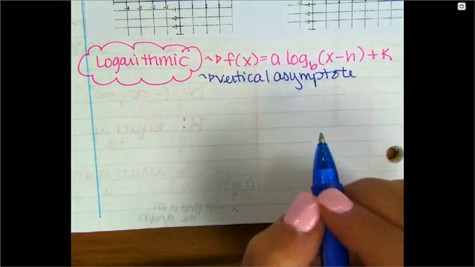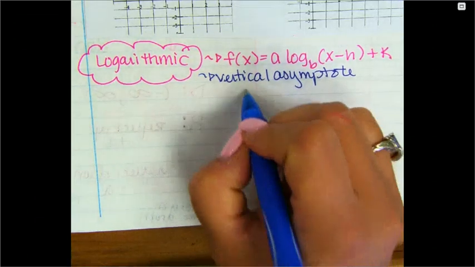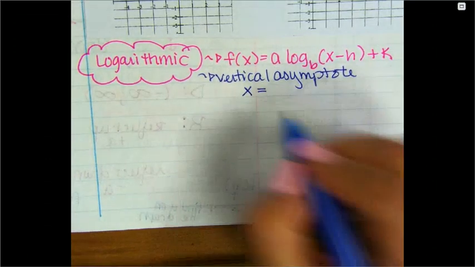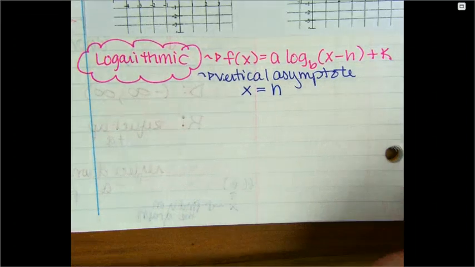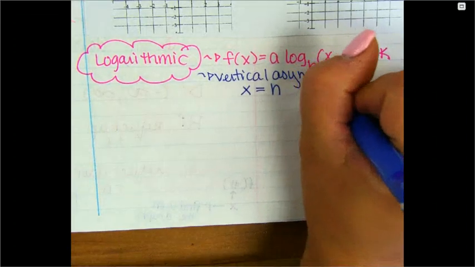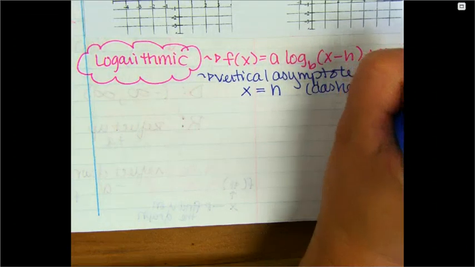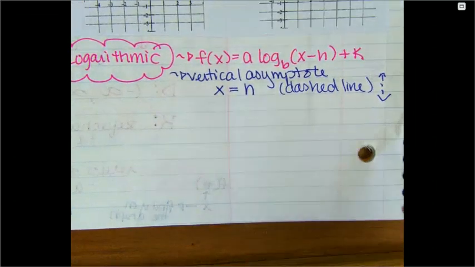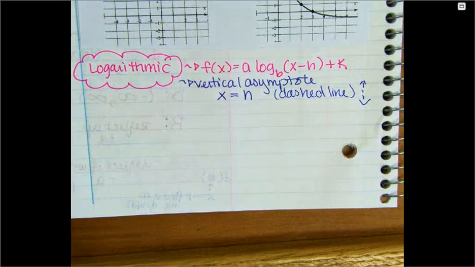If this is y equals, this is going to be x equals. Good. But we're not going to equal k. We're going to equal h. Very good. So it's still a dashed line, but it's vertical. Okay. Oops, can't see that. Zoom out. There we go.